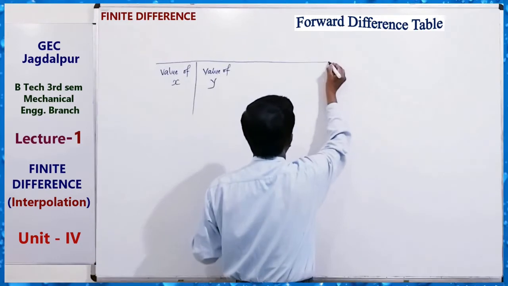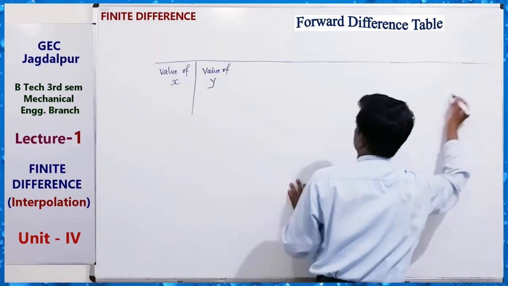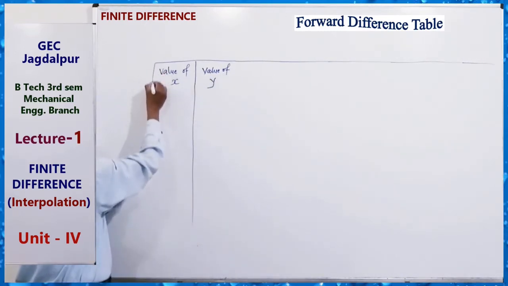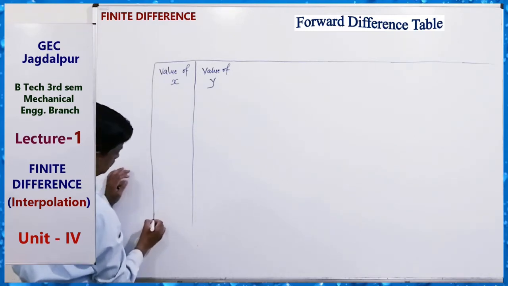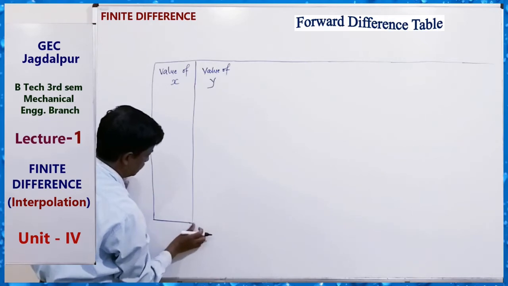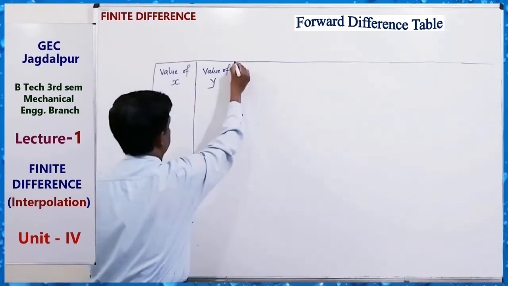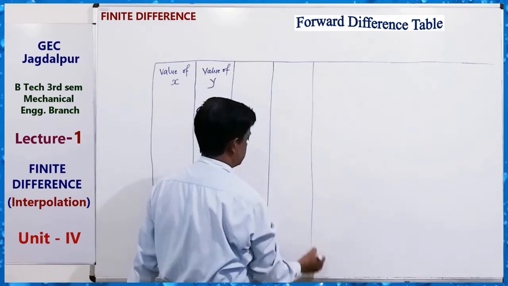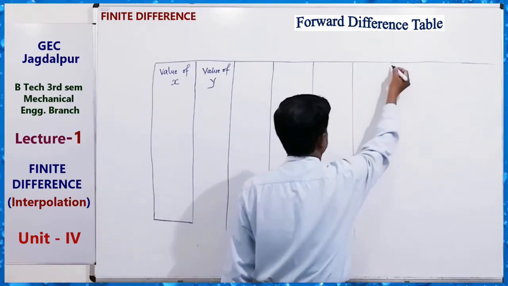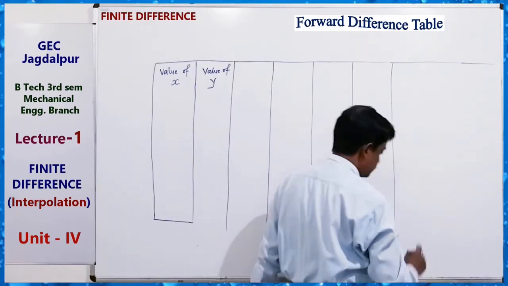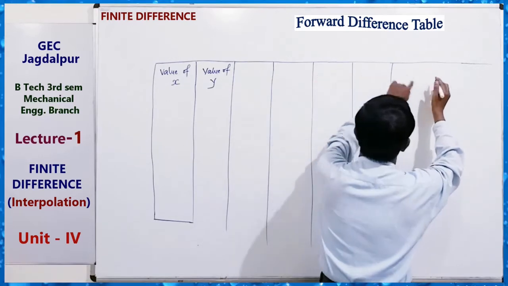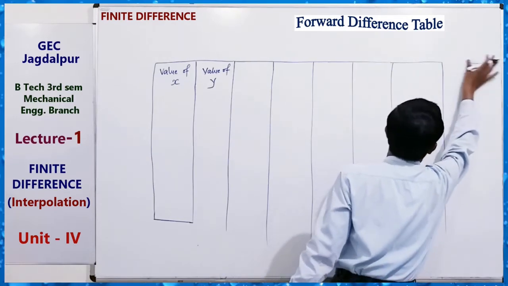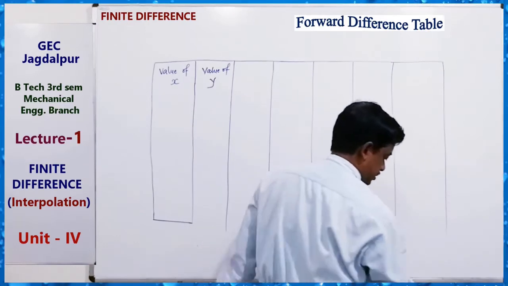First of all, you have to write up to the fifth difference. 1, 2, 3, 4, 5. Fifth difference.